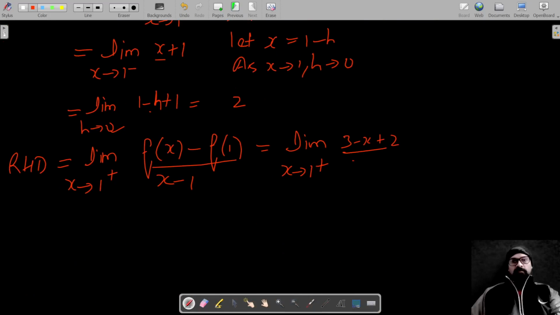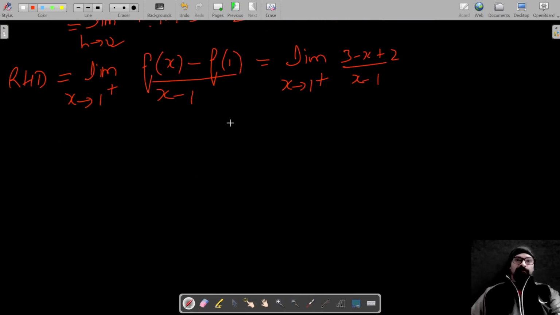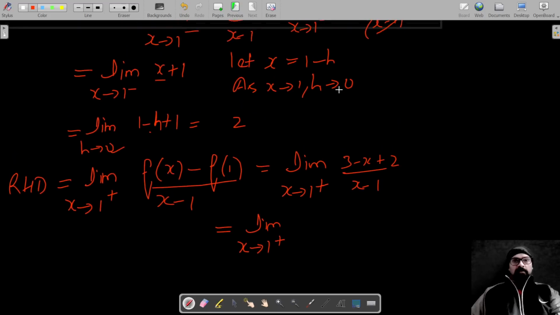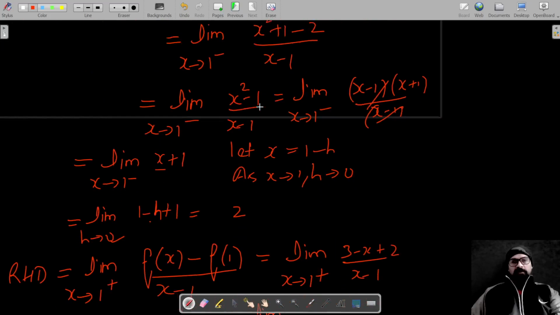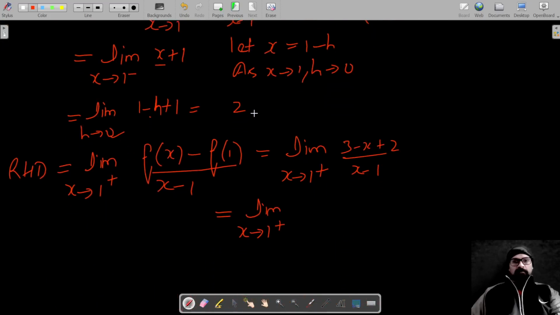So this is 2 upon x minus 1. So this becomes the limit as x tends to 1 plus of 3 minus x minus 2 upon x minus 1.